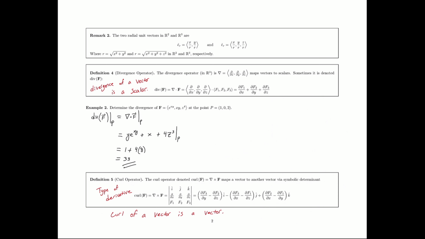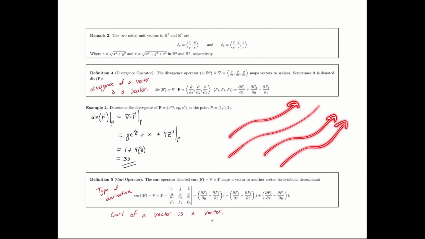Given a flow or a vector field, certain regions might have this propensity to rotate.